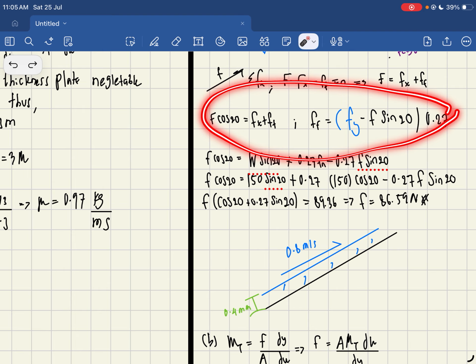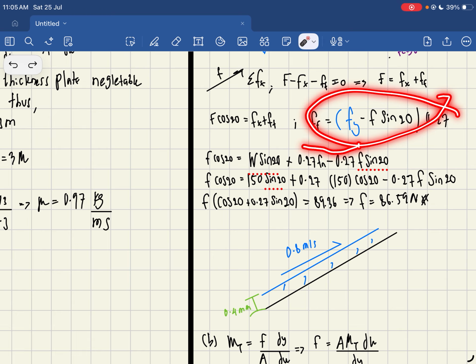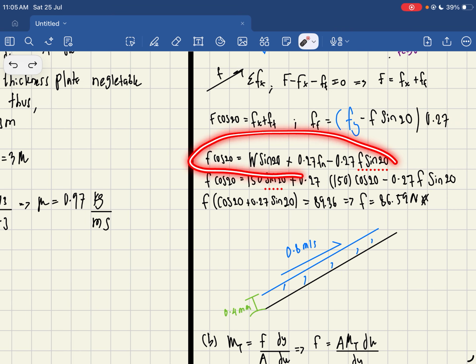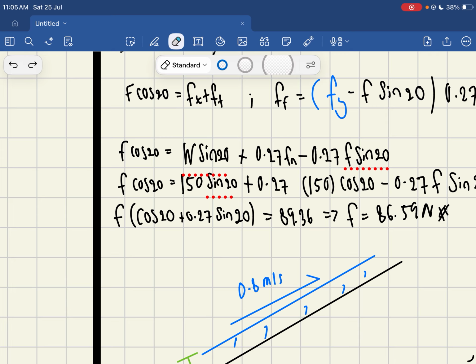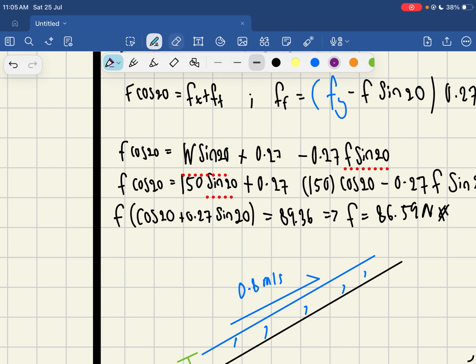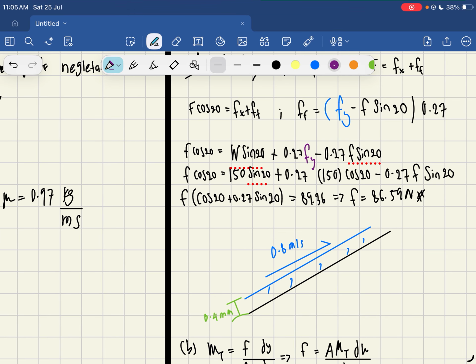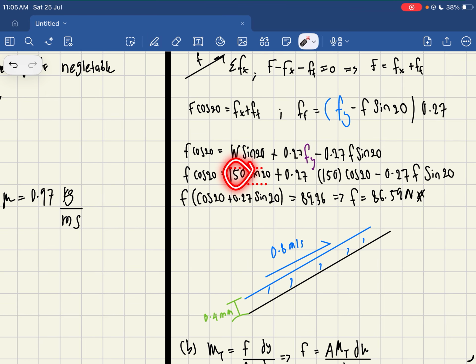Rearranging this equation and substituting the values, you will get this equation, and substitute the value of W and the value of Fn. There is not Fn here, there is Fy. Here is the coefficient 0.27, and include the value of weight.